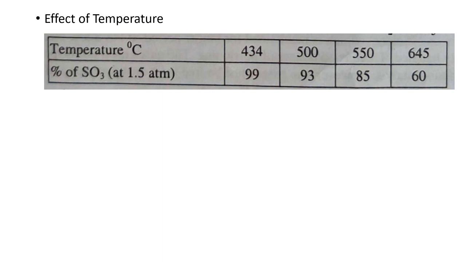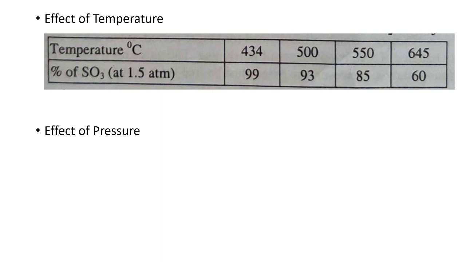So that's why while discussing the industrial method, we mentioned that normally two converters are used. The first converter is operated at 550 degrees Celsius, where 80% conversion is achieved, whereas in the second converter we get 100% output, which is operated at 450 degrees Celsius.